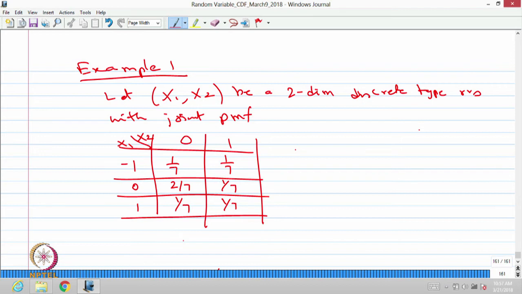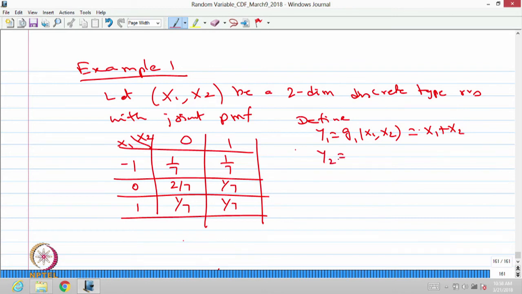Now we are going to define new random variables: y1 as g1 of x1 comma x2, that is x1 plus x2.